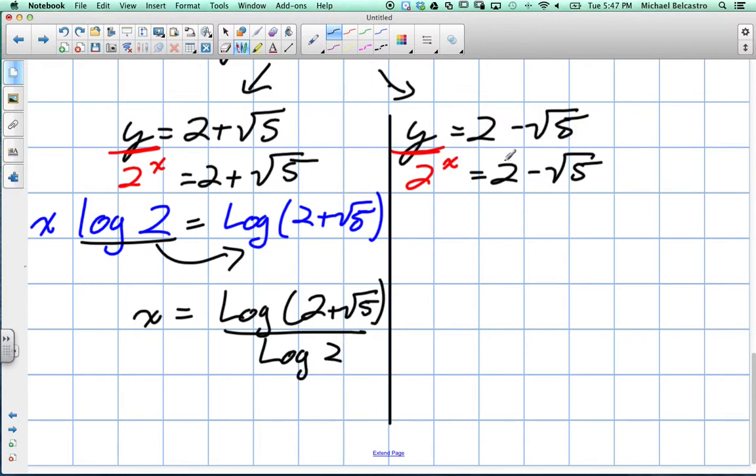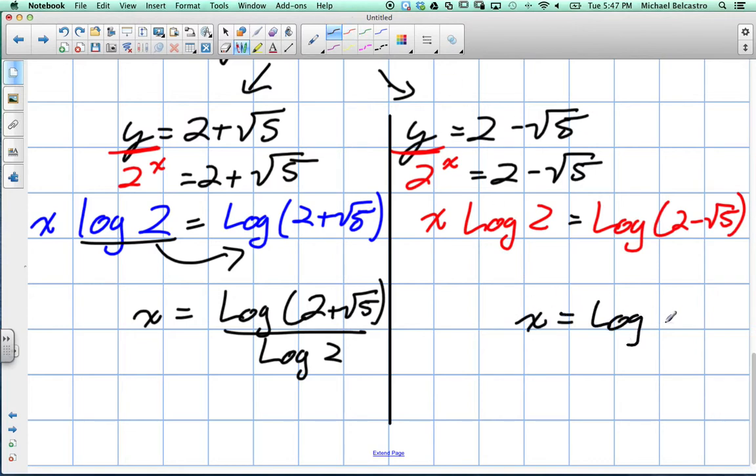The process is the same when we find the logs of both sides: log 2, technically the x comes in front, is equal to log of 2 minus root 5, which means x will be equal to log of 2 minus root 5, a negative sign, over log base 10 of 2. Does that make sense?